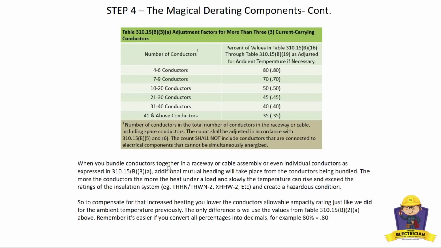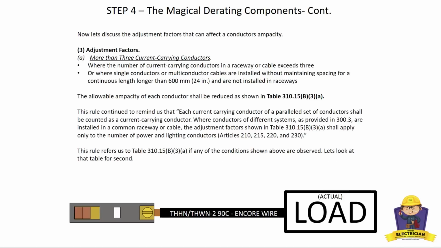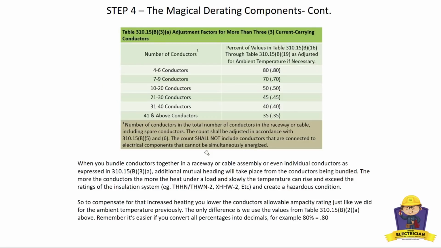Then it says when you bundle conductors together in a raceway or cable assembly, or even individual conductors, as expressed in 310.15(B)(3)(a), where it said single conductors or multi-conductor cables are installed without maintaining that spacing, and at 24 inches or more, then at that point, we're going to have to apply some kind of adjustment to that, okay?